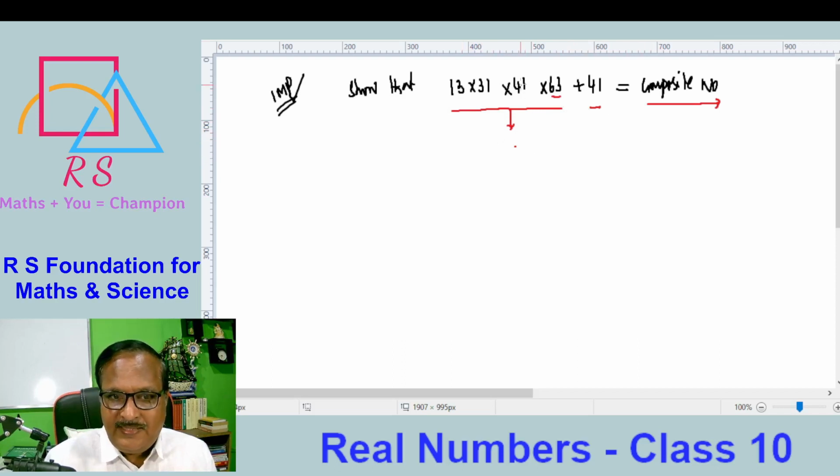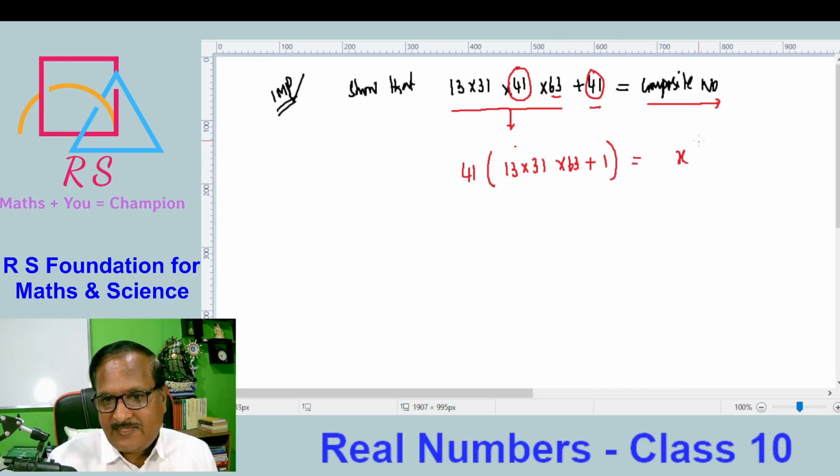So now in this, 41 is there here, you take 41 as one factor. So then what happened? 13 into 31 into 63 plus 1 is equal to this number, let us say x. So this x number, whatever 41 into some number will come here, this is x.